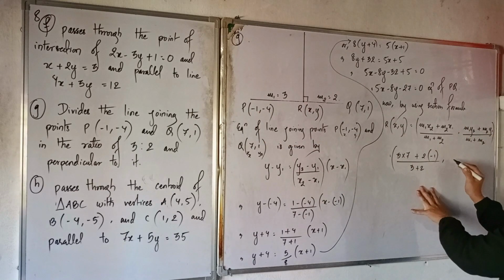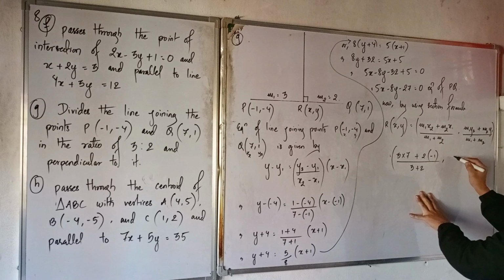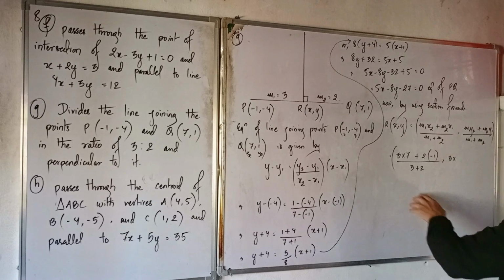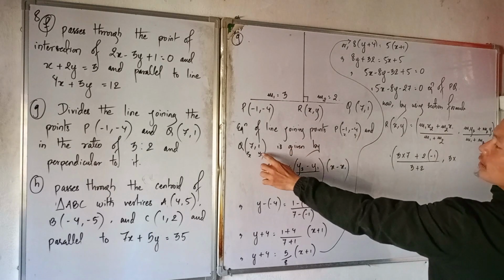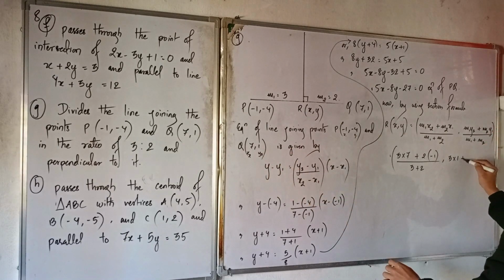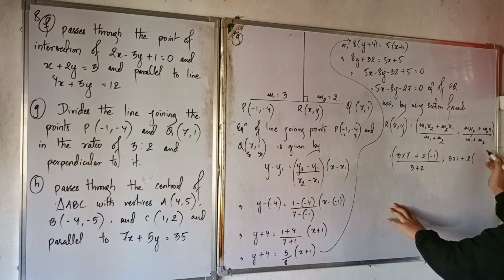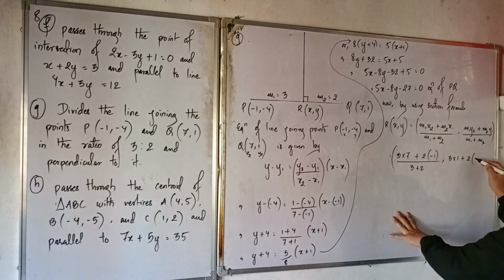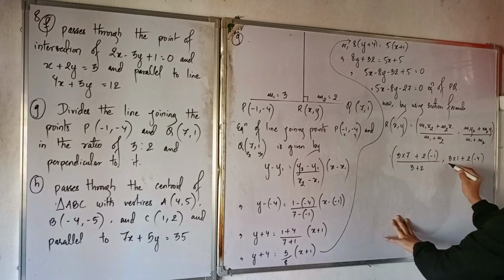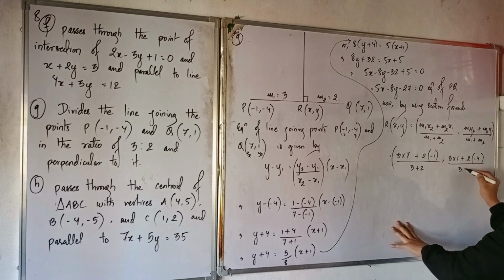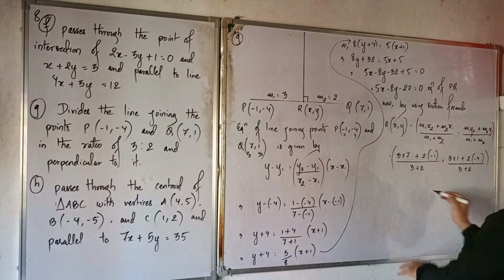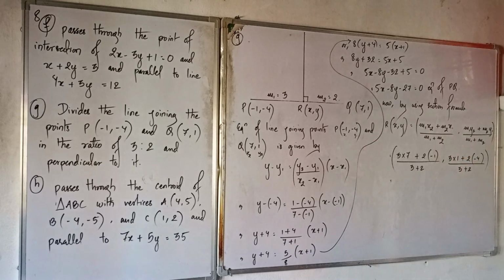Here also M1 we have 3, y2 we have 1, plus M2 2 and y1 we have minus 4. Just substitute the value, 3 plus 2. You can directly use the calculator, okay?